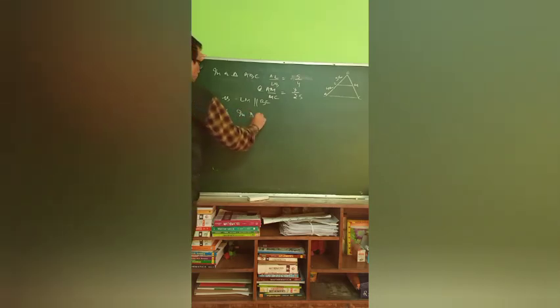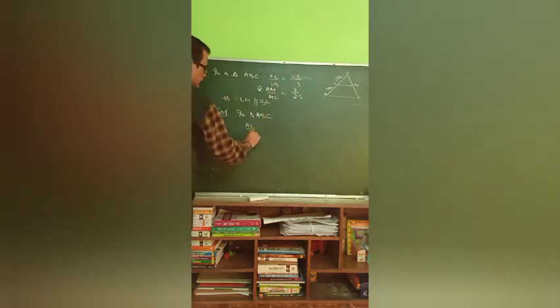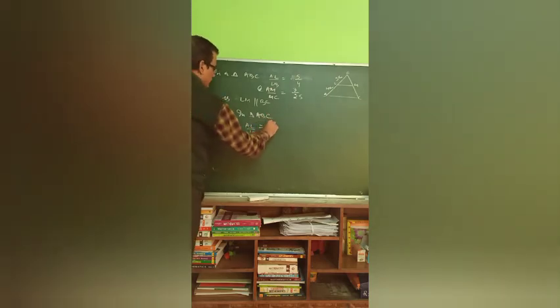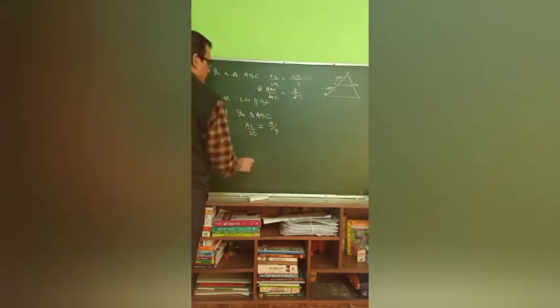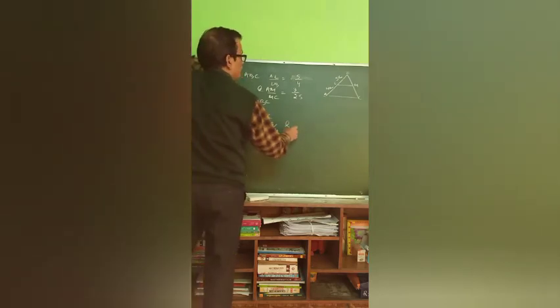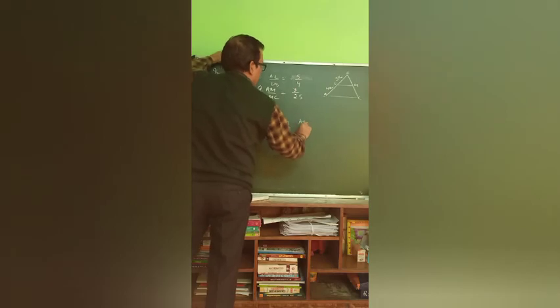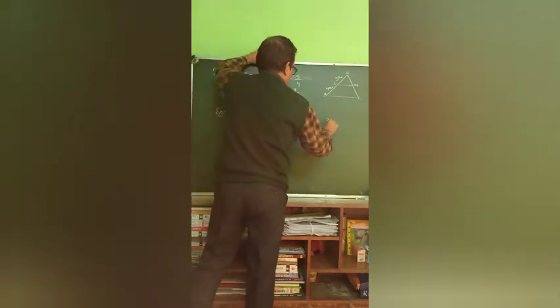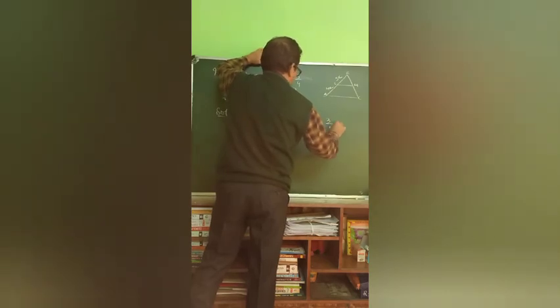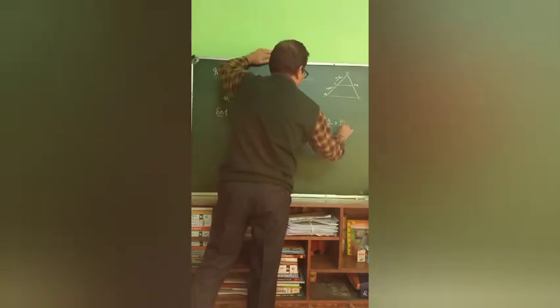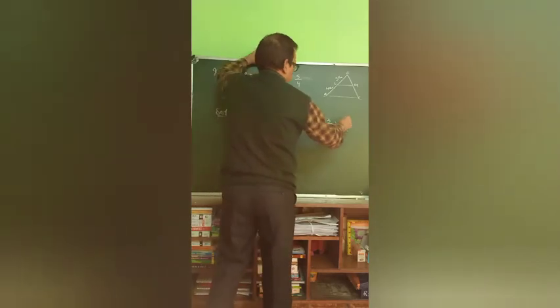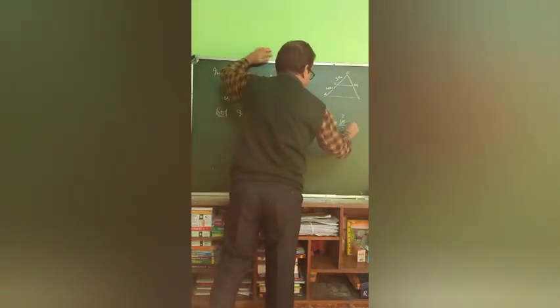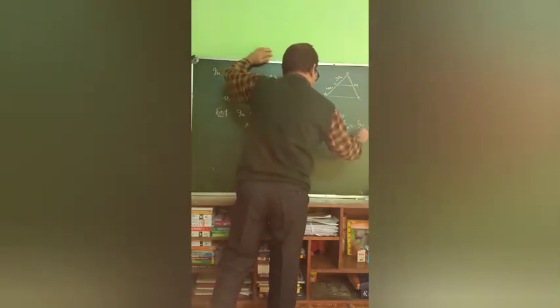Solution. In triangle ABC, AL upon LB is equal to 5 upon 4, and AM upon MC is equal to 3 upon 2.5, which is 30 upon 25, that is 6 upon 5.